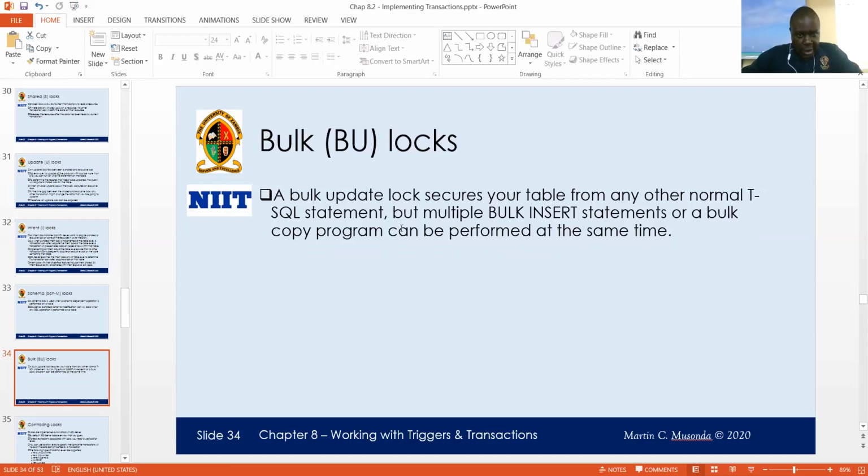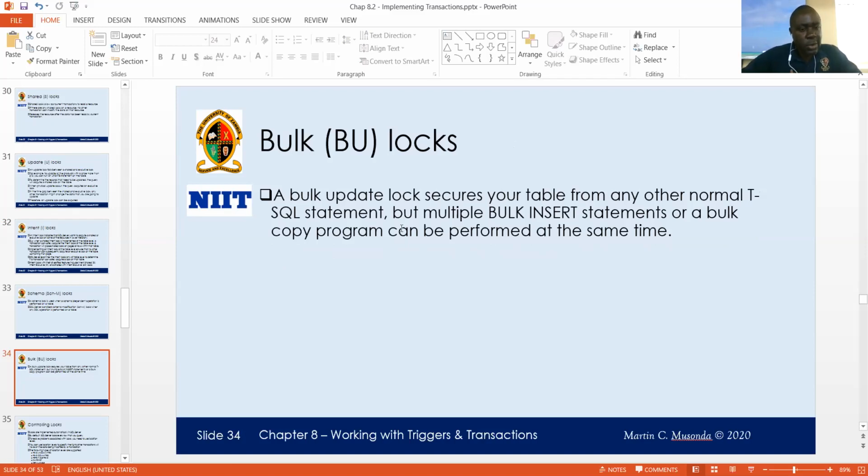A bulk update lock secures your table from any other normal SQL statement. It could be data manipulation or data definition.